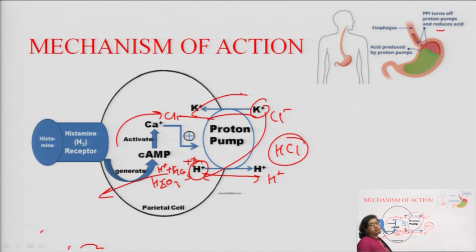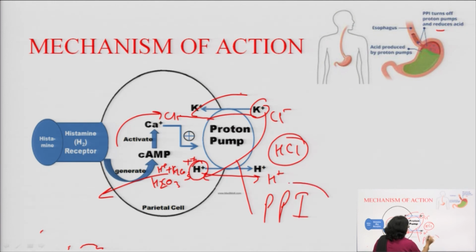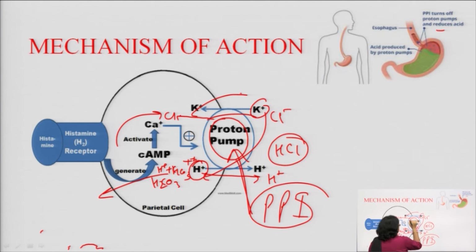Now, there is excess secretion of HCl. Proton pump inhibitors, PPI in short, what will they do? They will block the proton pump or inhibit the secretion of H plus and reduce the gastric acid secretion. In this way, proton pump inhibitors work.